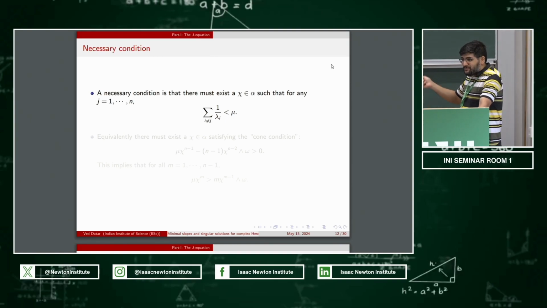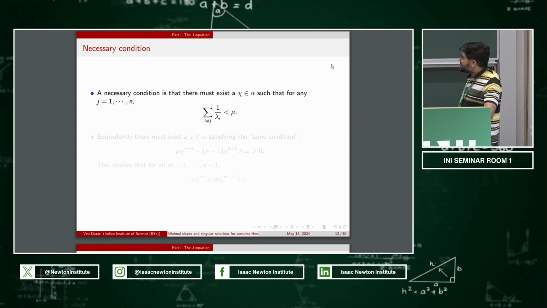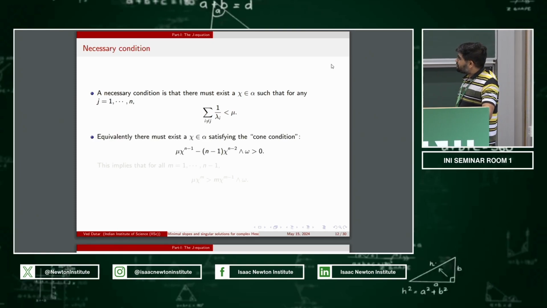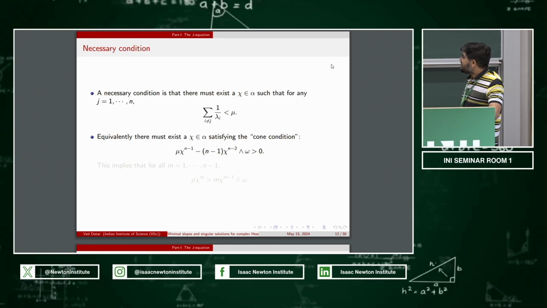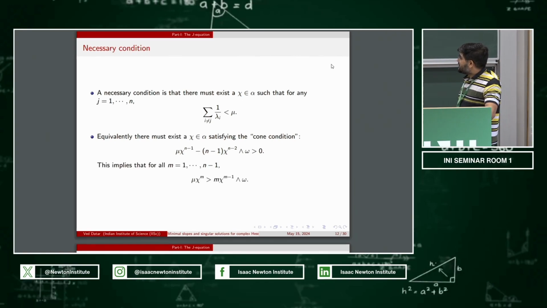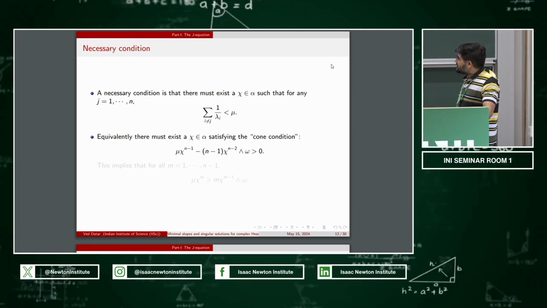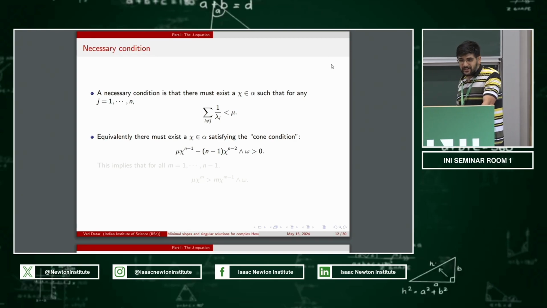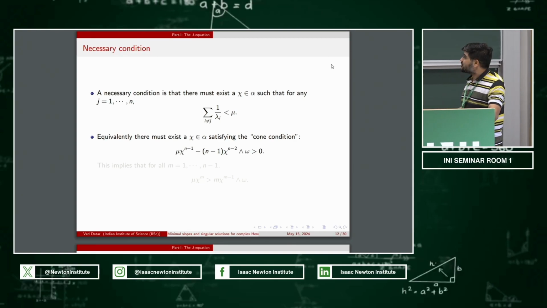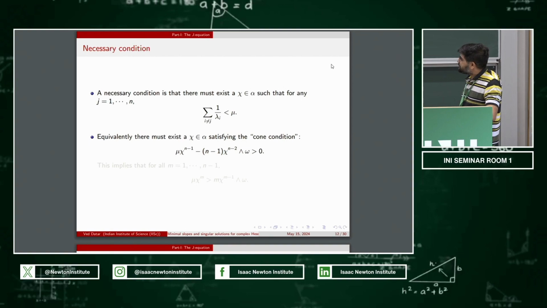So this might seem like a silly thing to do, but it turns out that you can actually write down this condition in a global invariant form as a positivity condition for (n-1, n-1) forms. And it turns out that this silly thing actually turns out to be a necessary and sufficient condition. So we call this the cone condition.